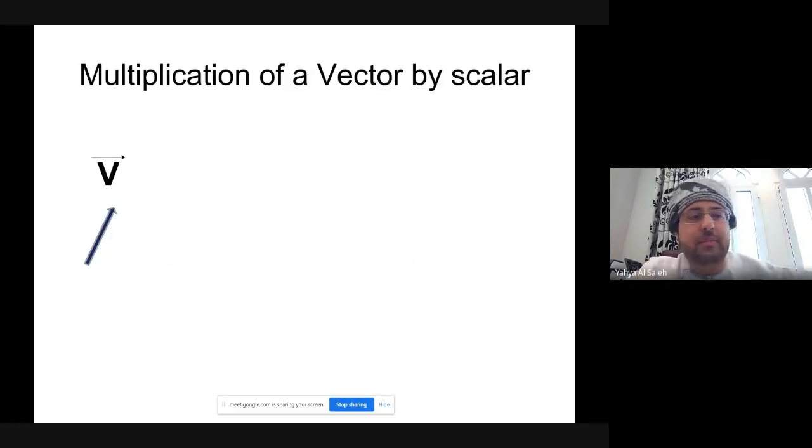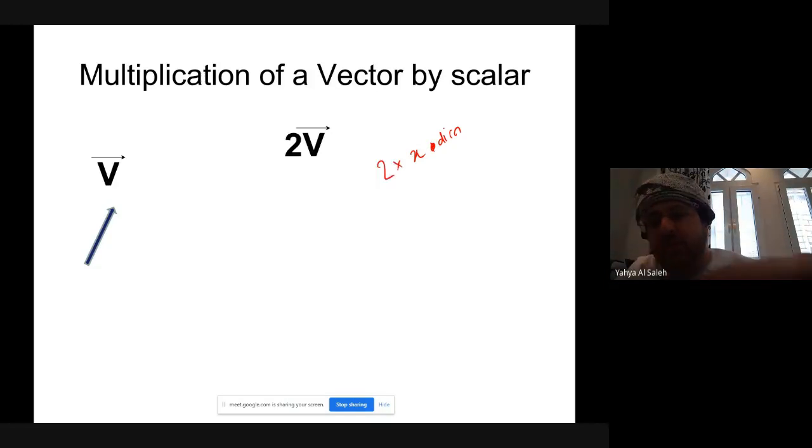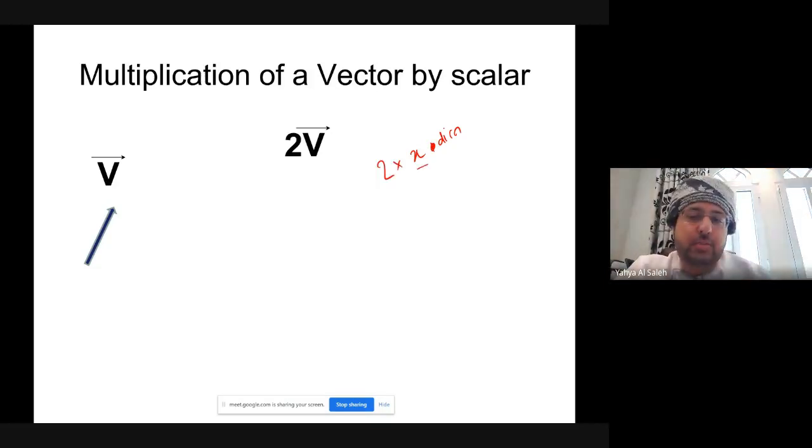What if we want to multiply the vector by a scalar? Well, this is V. What is 2V? Does the direction change? Remember, a scalar is a number without a direction. So if I multiply this with 2, I can multiply the number by 2, but I cannot really multiply the direction by 2, right?